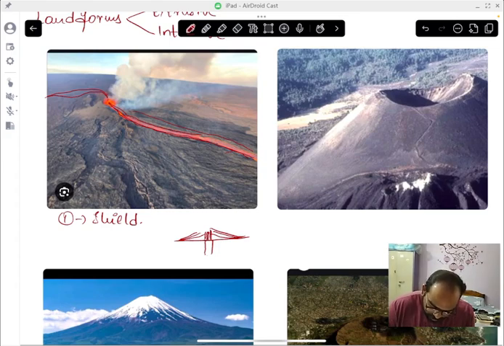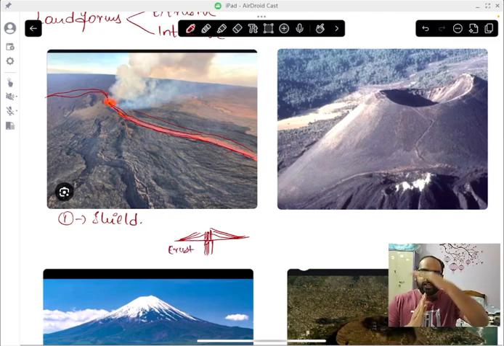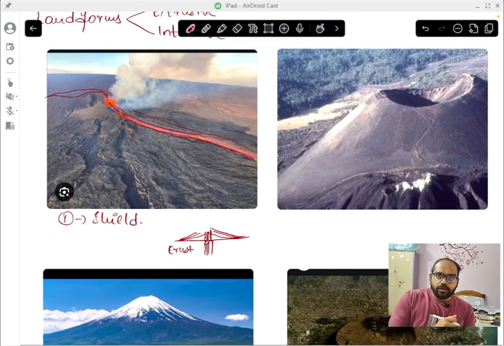But there will be continuous heating of magma from the inside of the earth. This is crust. Due to this continuous heating, at some point of time, as lava on the surface is solidified, there will be sudden explosiveness, and the top part of the shield volcano develops into what is called a cinder cone.